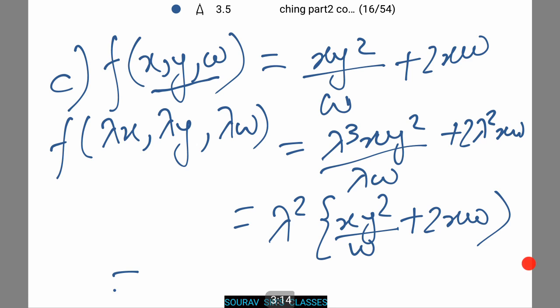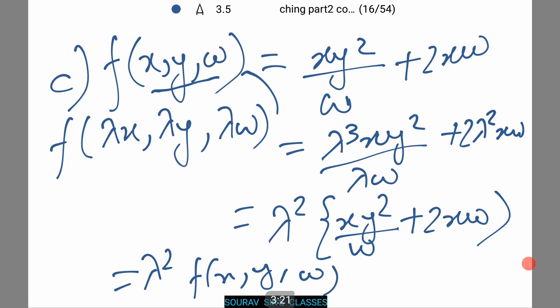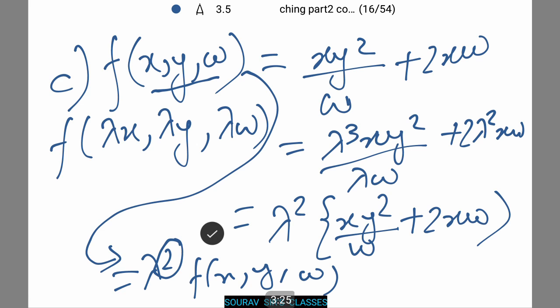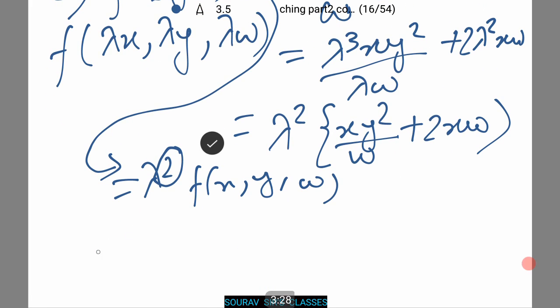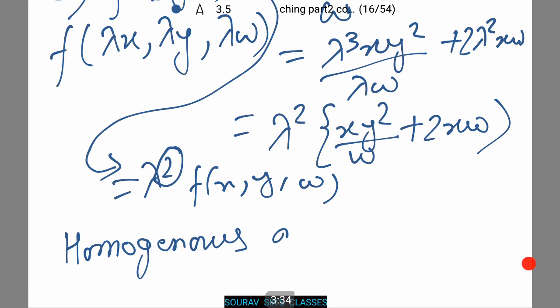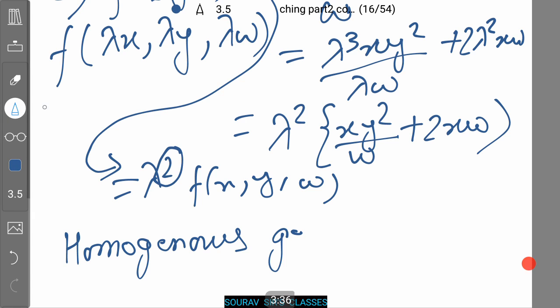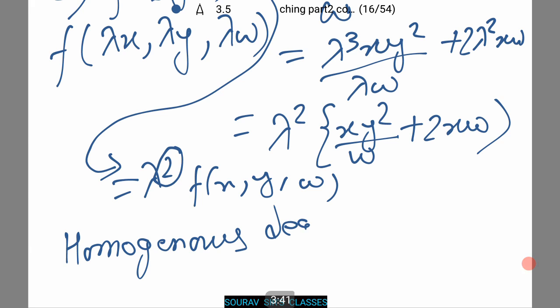This is nothing but lambda square f(x,y,w). Hence we have put this in this form. Thus notice the power, it's 2. Thus in this case the homogeneous degree is 2 of this function.